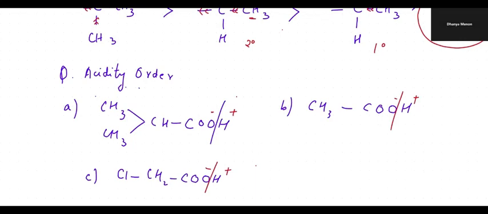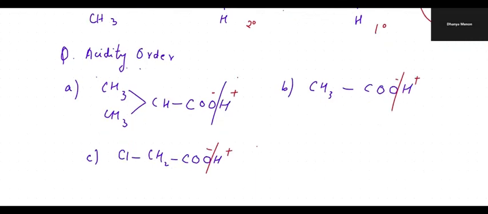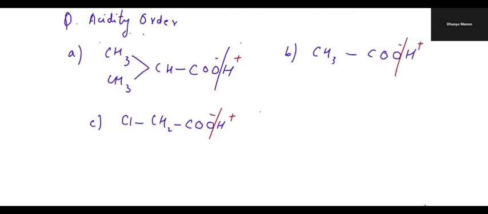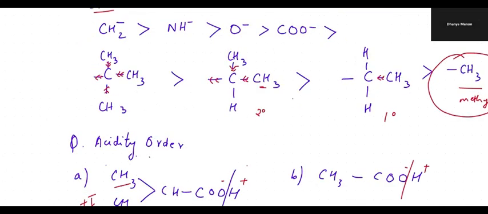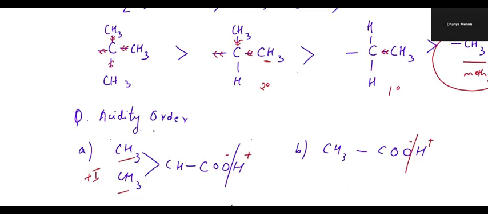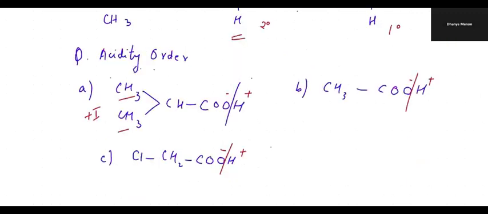Now if we compare A, B, and C, A has plus I effect group. Yes, this plus I effect group is there, right? If you see over here, this is the secondary carbon surrounded by 2 methyl groups, so plus I effect group. Here also, plus I effect group is there.